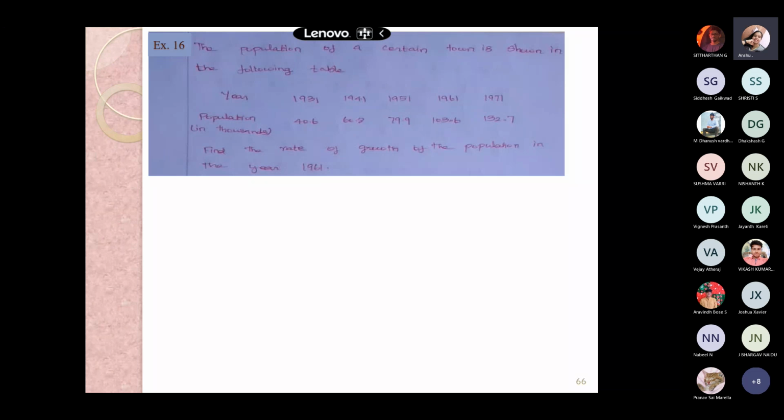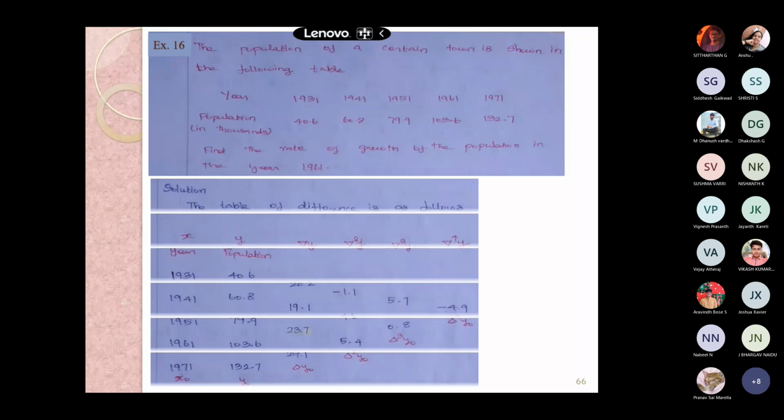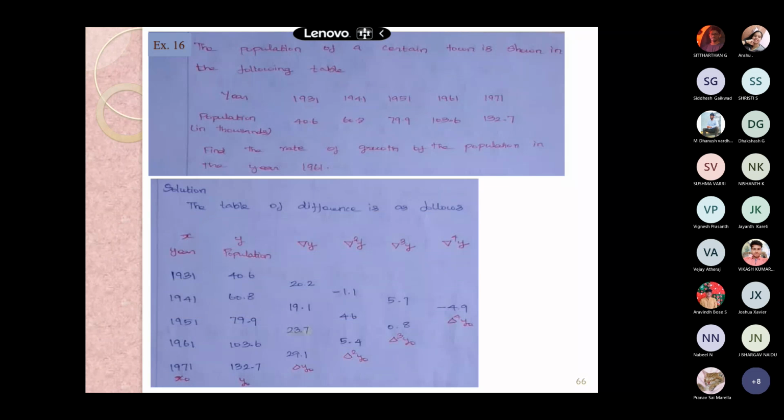Yes, exercise number 16, the population problem, is very similar to problem number 15, involving forward interpolation and backward interpolation. The population of a certain town is given from 1931 to 1971. Find the rate of growth of the population in the year 1961.